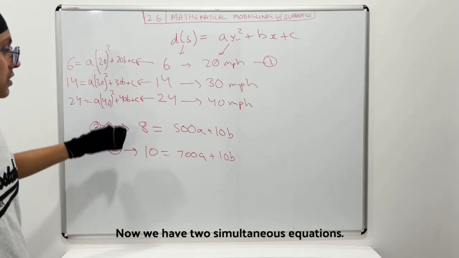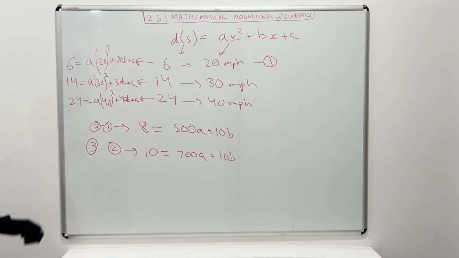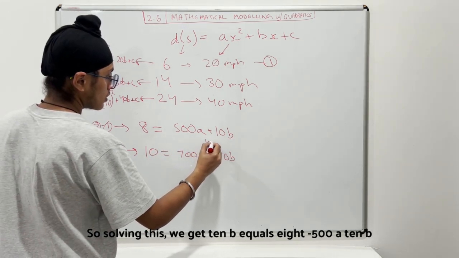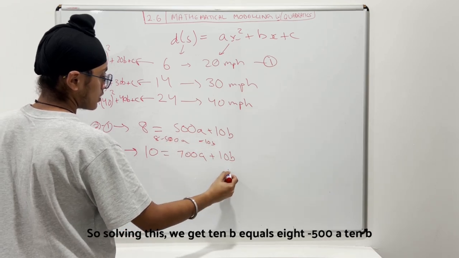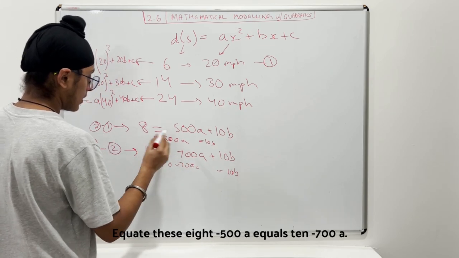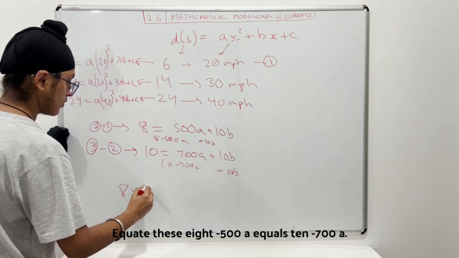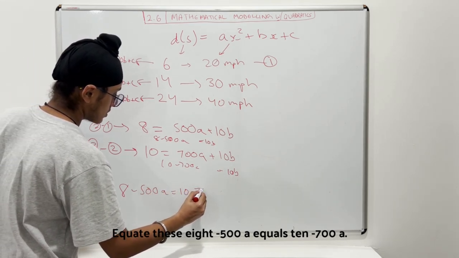Now you have 2 simultaneous equations. Solve for a, solve for b. So solving this, we get 10b equals 8 minus 500a, and 10b equals 10 minus 700a. Equate these: 8 minus 500a equals 10 minus 700a.